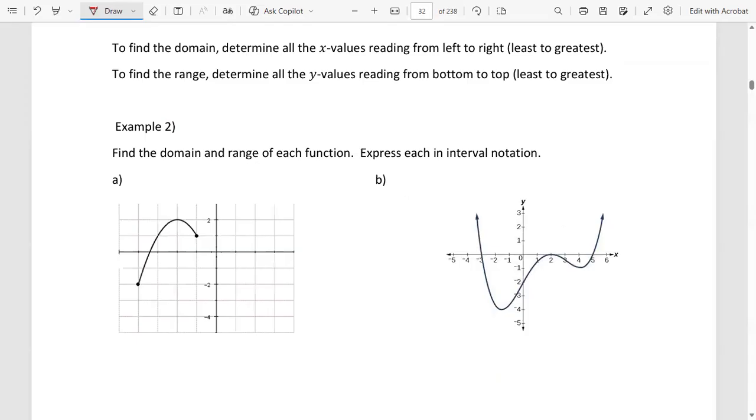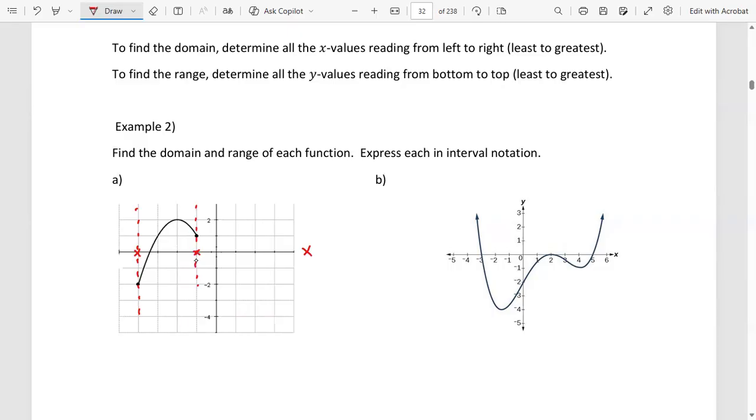We said the domain means all possible x values. X values means from left to right. You have to find the x values that cover the graph from left to right. So the very left part of this graph is over here and all the way to this point. From left to right, the domain starts from this point to this point. The x values are from this point to that point.